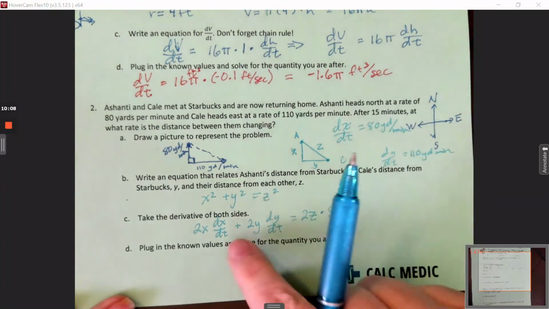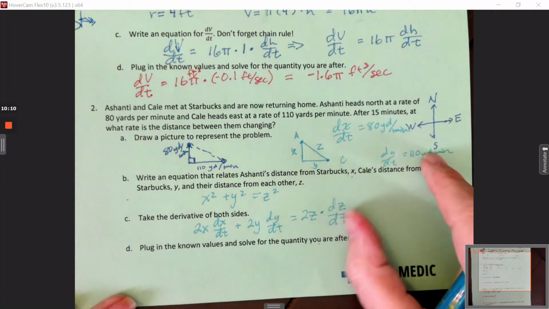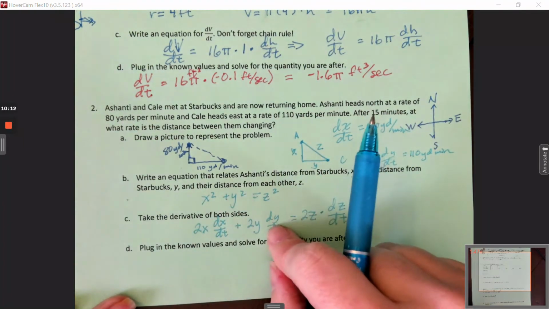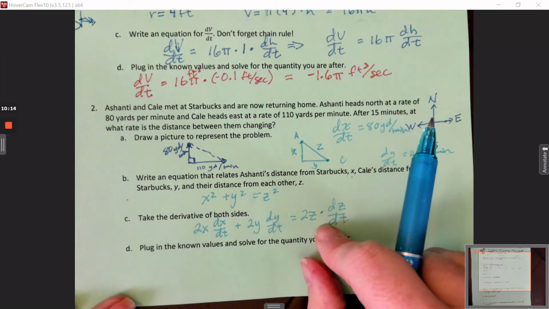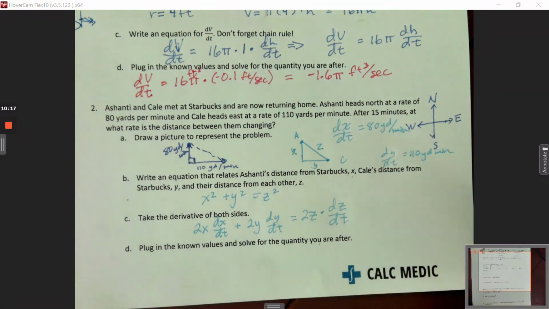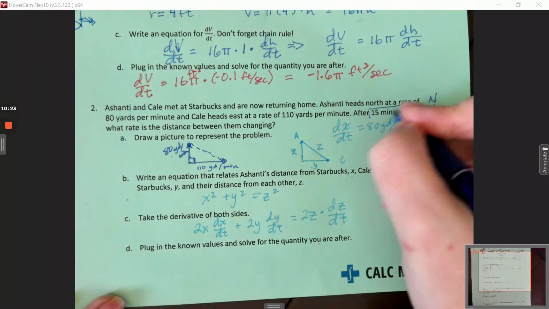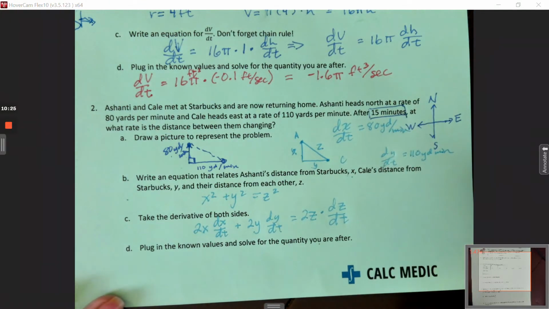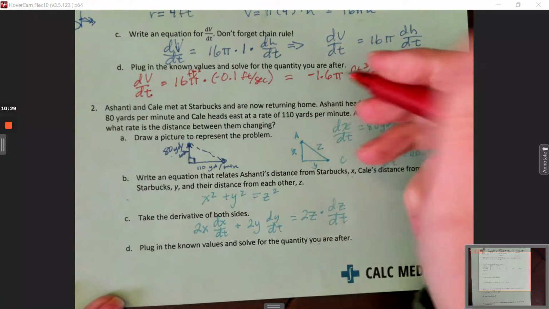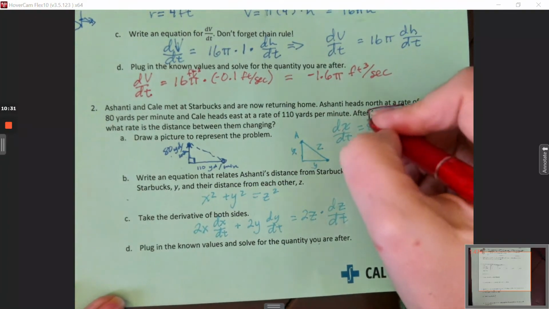we know what dx/dt is and we know what dy/dt is. Do we know what x and y are? And z? So it gets a little tricky here. It's 80 yards per minute and it's been 15 minutes. I'm doing contrasting colors. It's been 15 minutes.